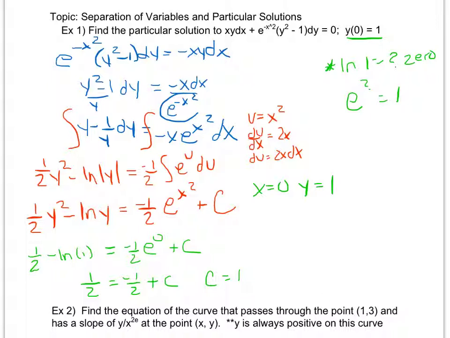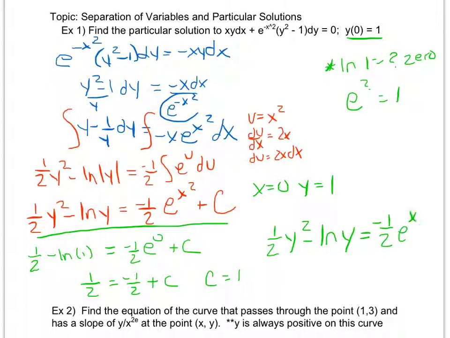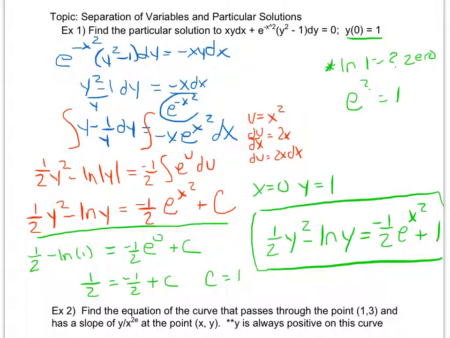So my equation becomes, using the original equation, 1/2 y squared minus ln of y equals negative 1/2 e to the x squared, plus 1. That would be the particular solution to my equation. Again, I am unable on that one to get y by itself, but that's okay.